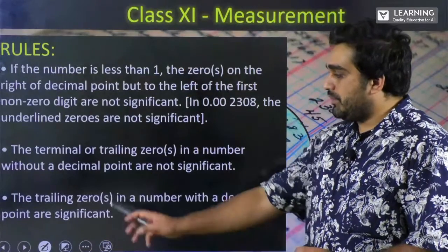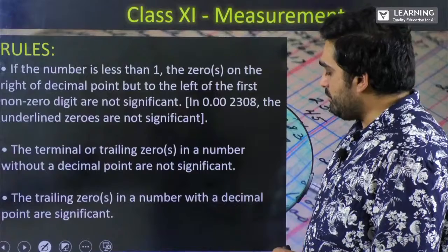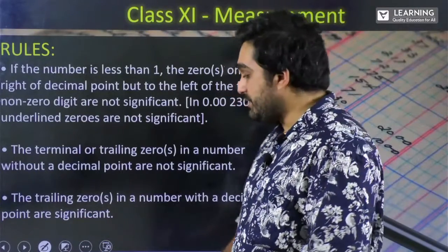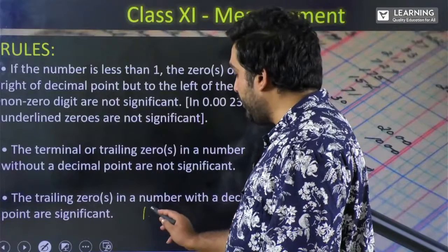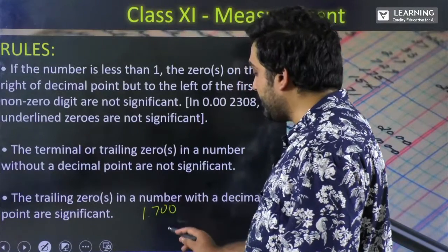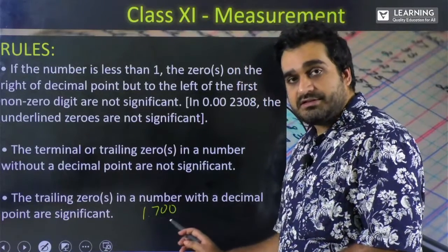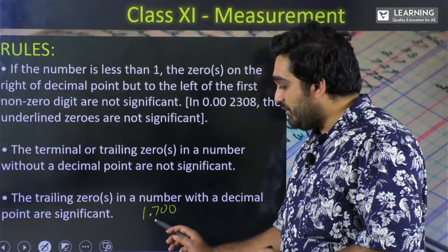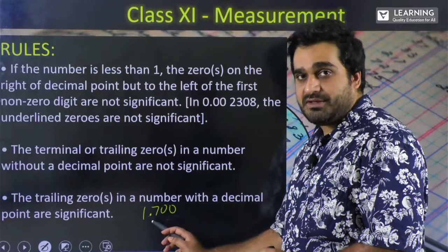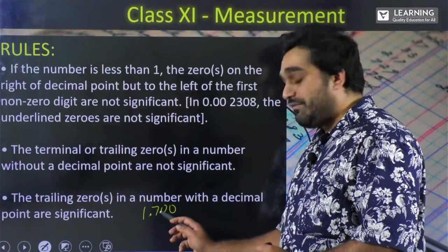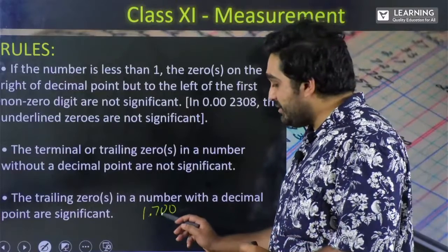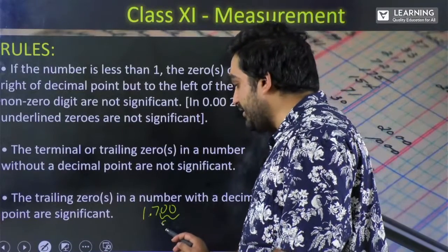Then, the trailing zeros in a number with a decimal point are significant. Example, 1.700. These are still trailing zeros, but the difference here is that they follow a decimal, the 7 and then the trailing zeros. If so, these trailing zeros are significant.